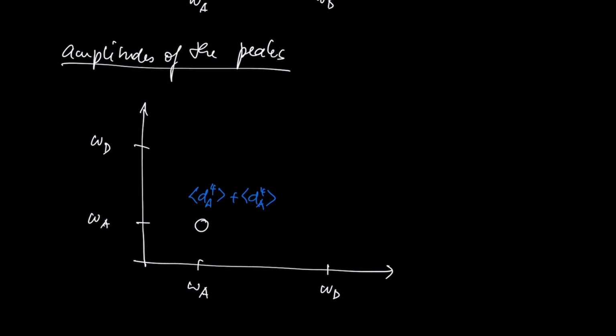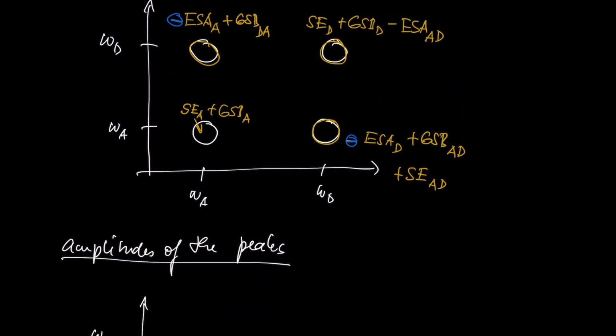Okay, let's have a look here at AD. There we have excited state absorption from A. So we first excite A and then we go to the excited state absorption.